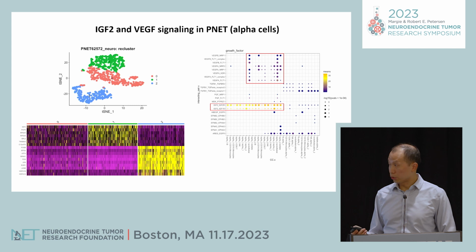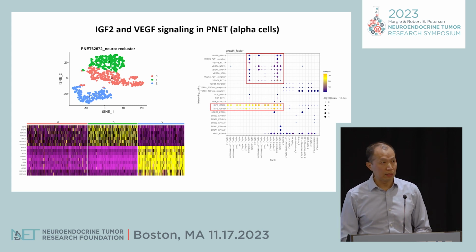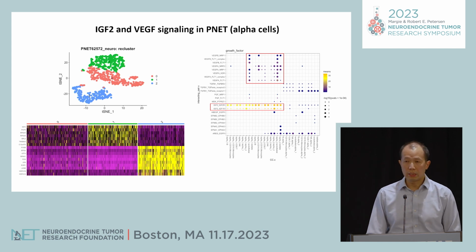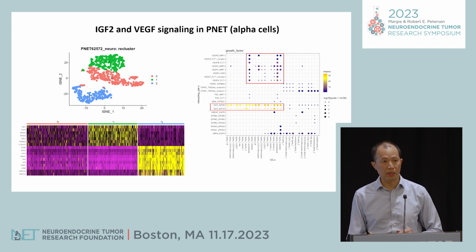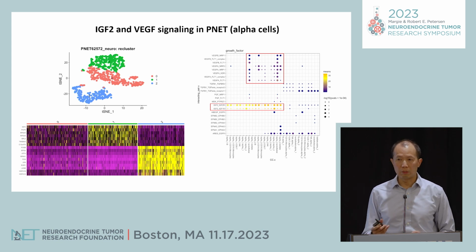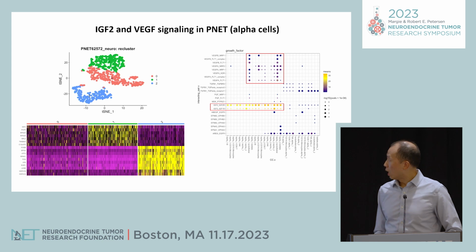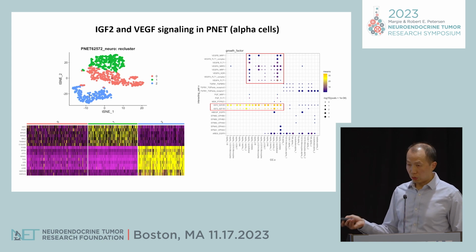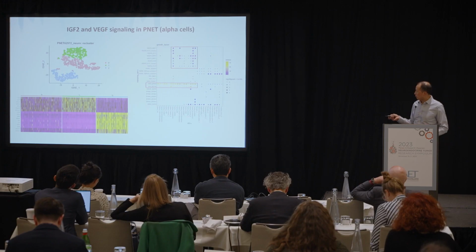growth factor 2. Furthermore, what we can do is cell-cell communication using known pairs of ligands and receptors to identify whether these cells are communicating to each other within the tumor microenvironment. If we look at the growth factors, there are 2 that really popped up. One is the growth factor IGF2 that is being secreted by the tumor cells.